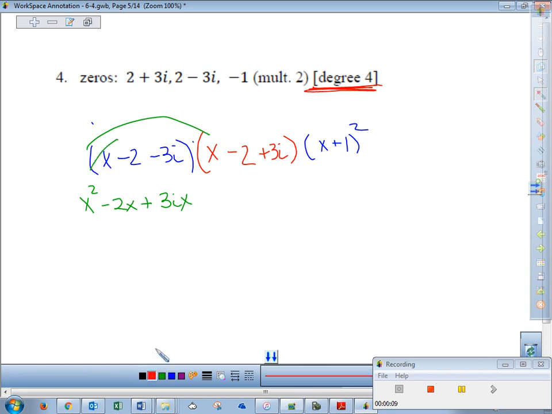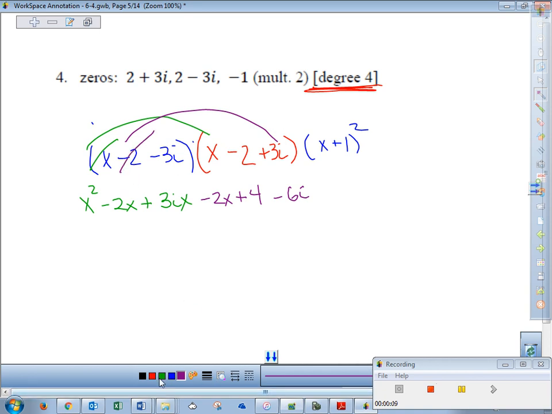Next guy, you got negative 2x again, plus 4, and then minus 6i. Cool with that, taking this times this, minus 6i.